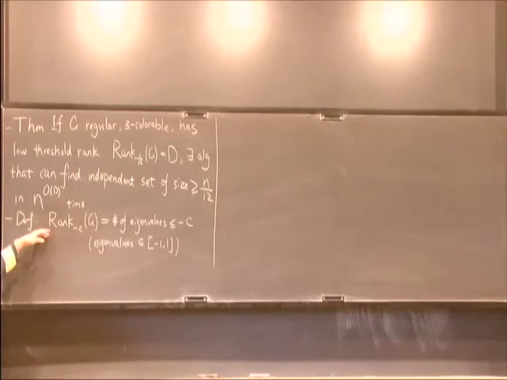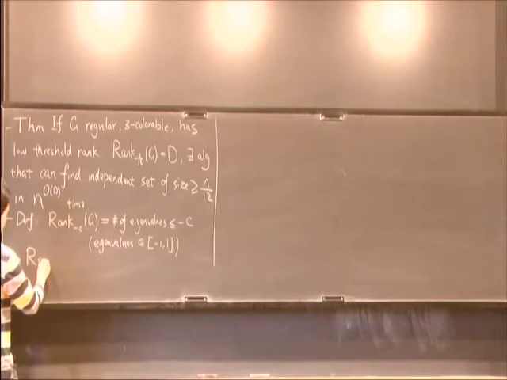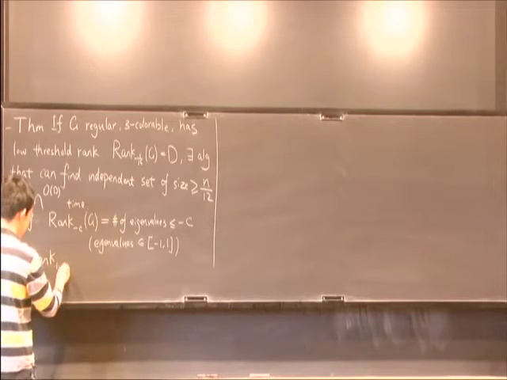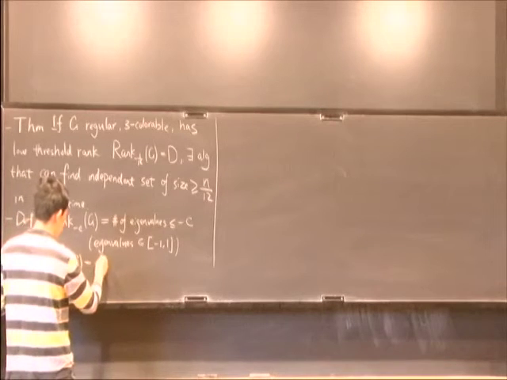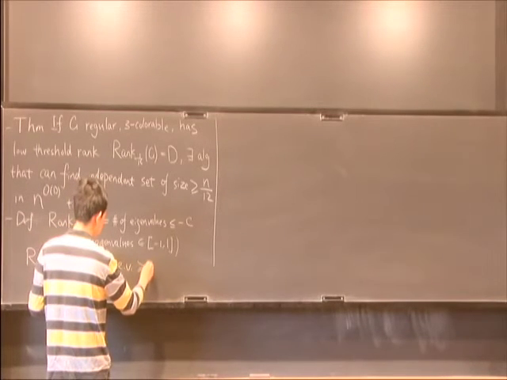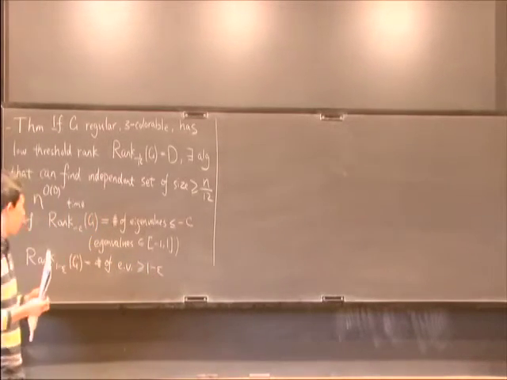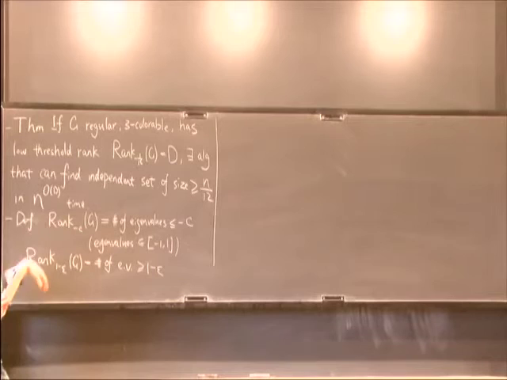But this is actually different from the definition of threshold rank in ABS. There they are interested in eigenvalues that are close to 1. So their definition, which we denote by rank 1 minus epsilon of G, is the number of eigenvalues that are greater than 1 minus epsilon. But here we are actually interested in eigenvalues on the other side of the spectrum.